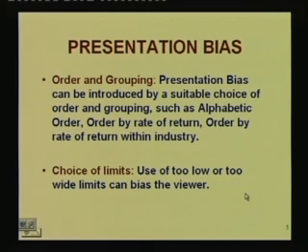Order and grouping: various presentation biases can be introduced by a suitable choice of order and grouping, such as alphabetic order, order by rate of return, order by rate of return within industry. Various orders and groupings can really create havoc.